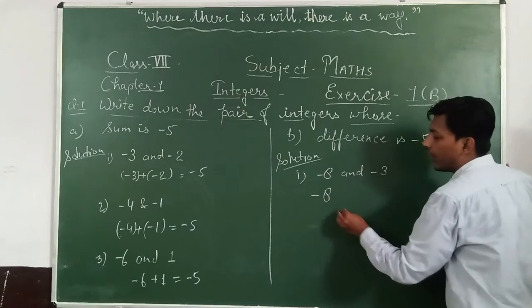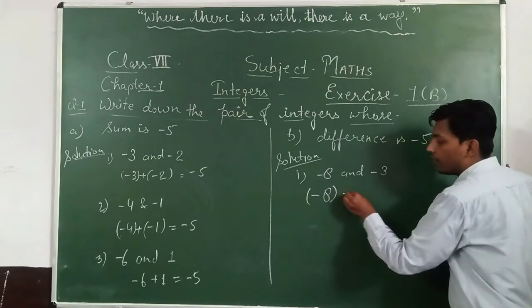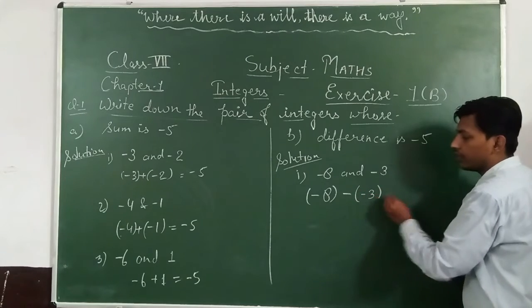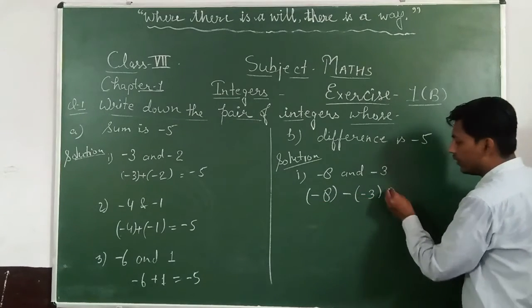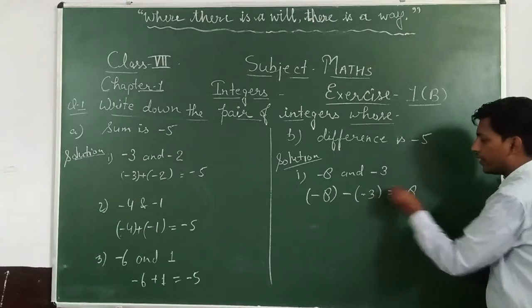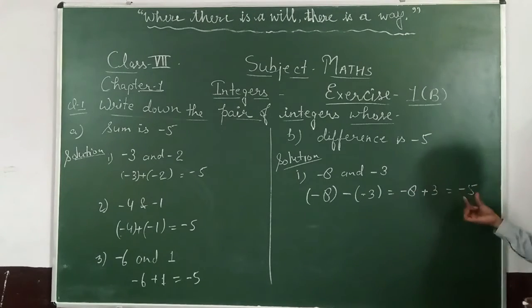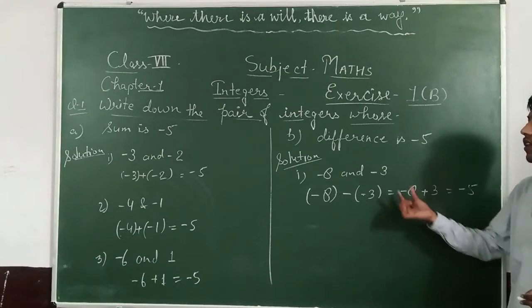The solution: minus 8, subtract sign, and then minus 3. Minus 8 minus minus 3 equals minus 5. Here we get minus 5 as our answer.